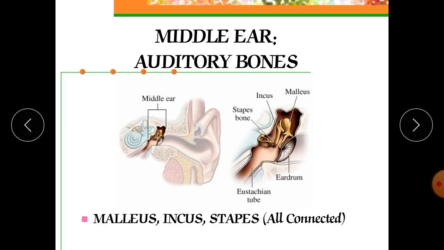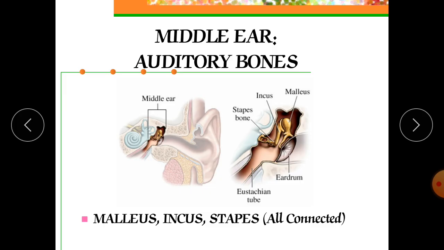It is separated from the external ear by the tympanic membrane, and from the internal ear by a thin bony partition that contains two small membrane-covered openings, an oval window and a round window. Two windows are here, an oval window and the round window.